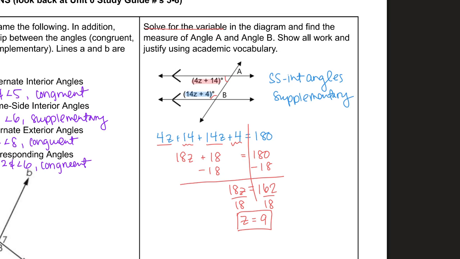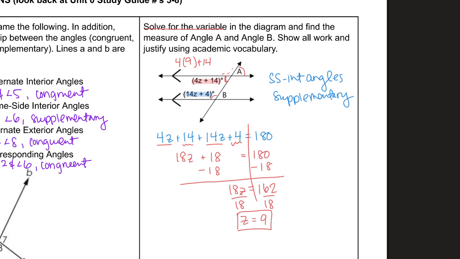Now they want us to find the measure of angle A and angle B. So angle A is this angle right here. Now that we know z, let's plug it in up here. So 4 times 9 plus 14, and that's going to give me this angle right here. 4 times 9 is 36. Then 36 plus 14 gives me 50.